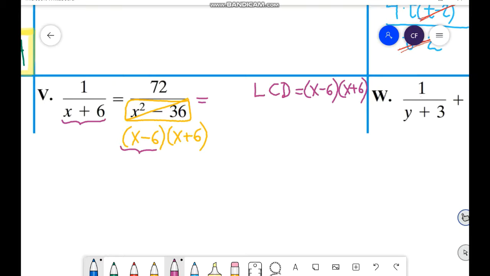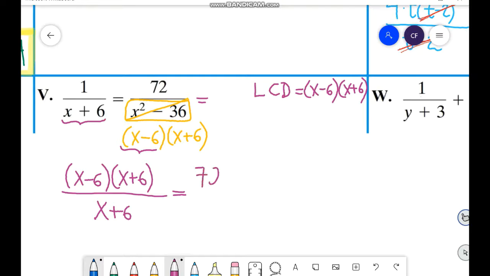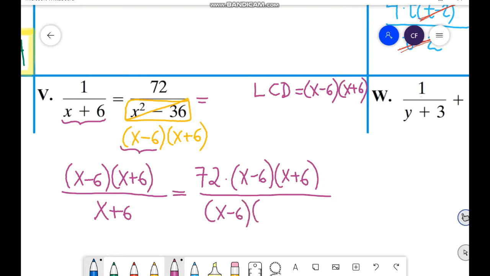Multiply the first fraction, we have x minus 6 times x plus 6, and then at the bottom x plus 6. The second fraction we have here, 72 times the least common denominator, x minus 6, x plus 6, and at the bottom we will have x minus 6, x plus 6.